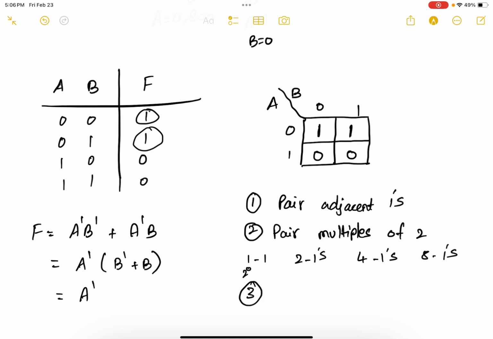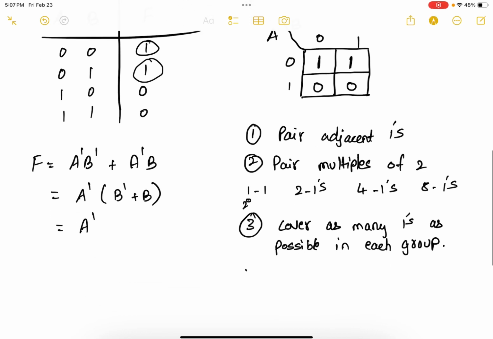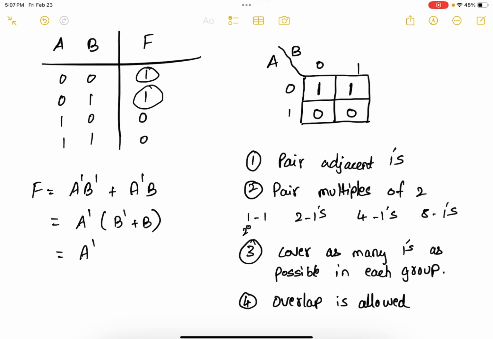And the third thing is cover as many 1's as possible in each grouping. And the fourth one is overlap is allowed. We're going to look at 3 and 4 in future examples, but let's just follow the first two rules here. Now you can pair adjacent ones.